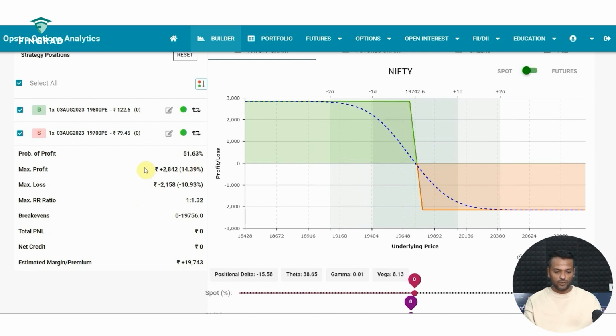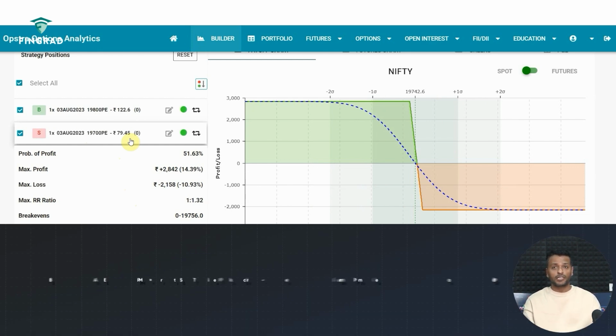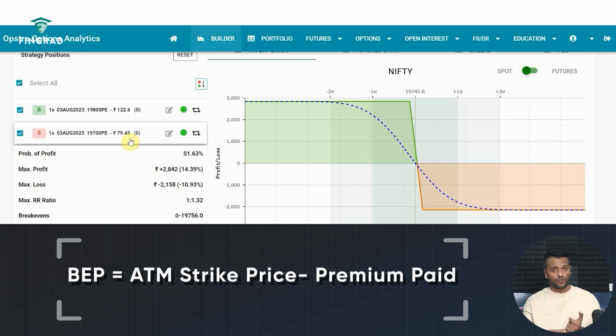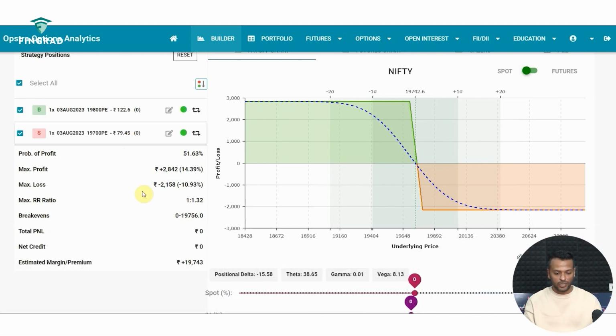As you see from the execution, 19,800 is the strike price which we bought, and we sold the 19,700 put option, and the difference between the premium paid and received was about 44 units. So 19,800 minus 44 becomes the break-even point, and you can see here, 19,756 is your break-even. Below this point, if the market falls, you will make money in this strategy. That is how the bear put spread works for you.